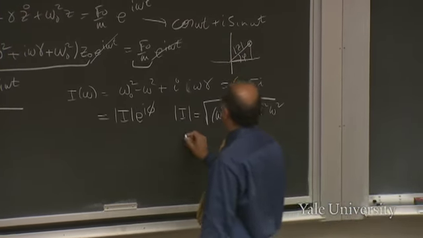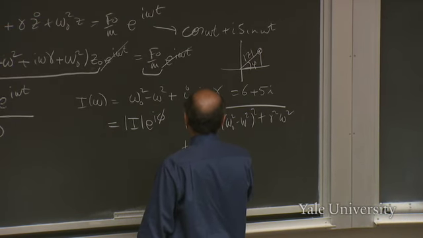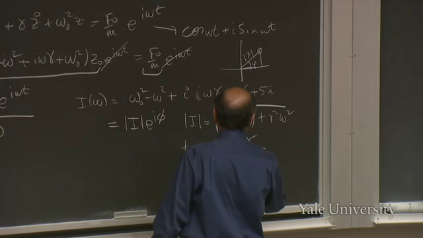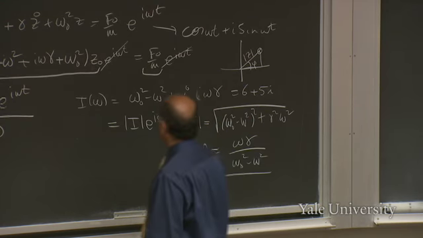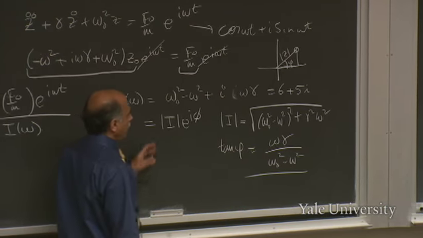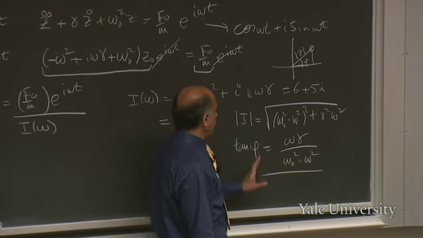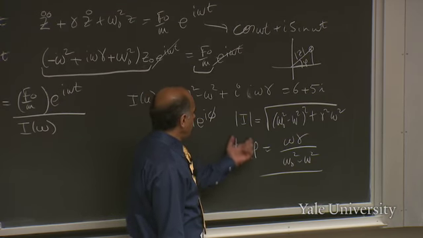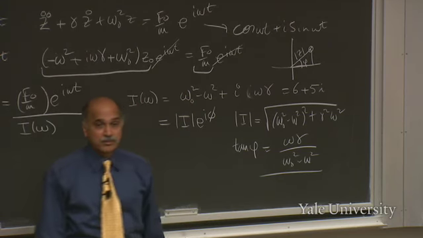And it will have a phase phi, obeying the condition tan phi is the imaginary part divided by the real part. I want you to realize that in a given problem, with a given mass, given friction, given frequency, both these are known. They're simply a magnitude of I and the phase phi can be found by this process.